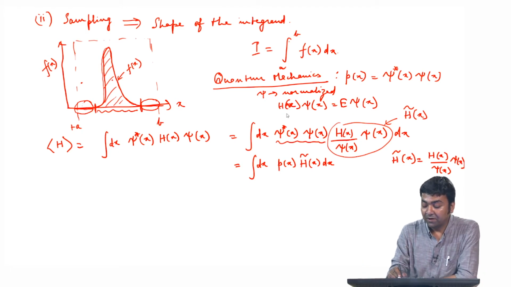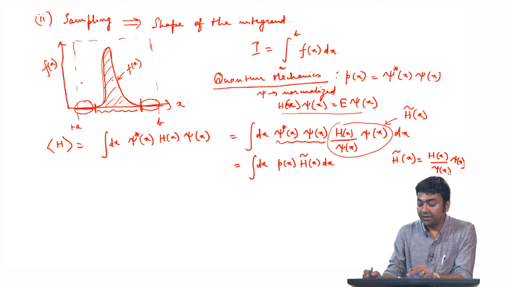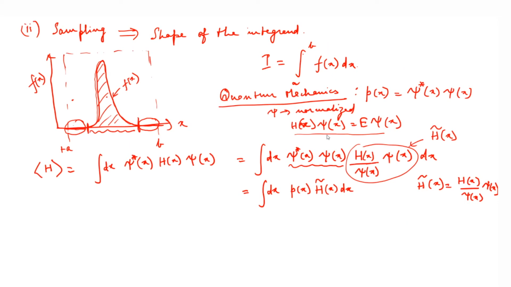But from this equation, what I can see is that h x psi x by psi x is nothing but equal to E, the eigenvalue. So, I can plug this in place of h tilde.